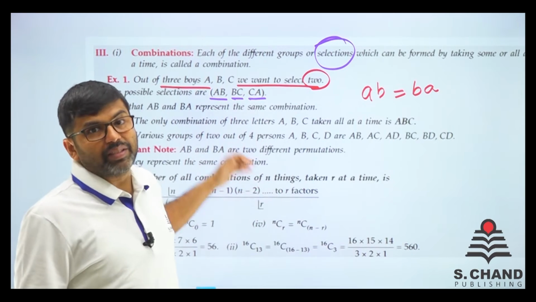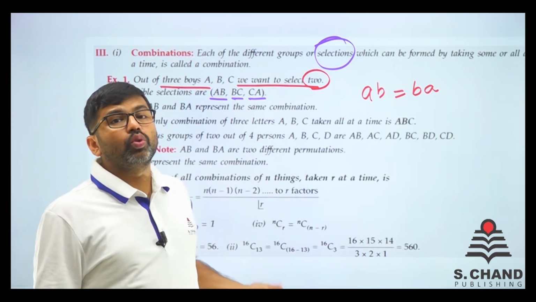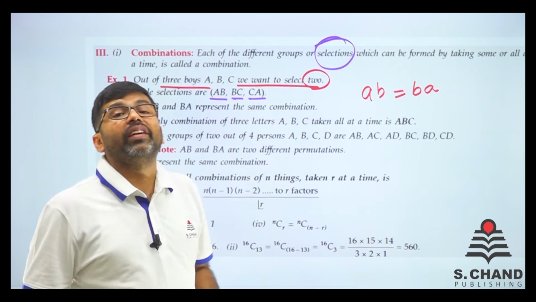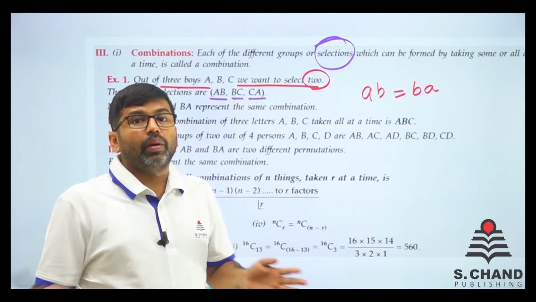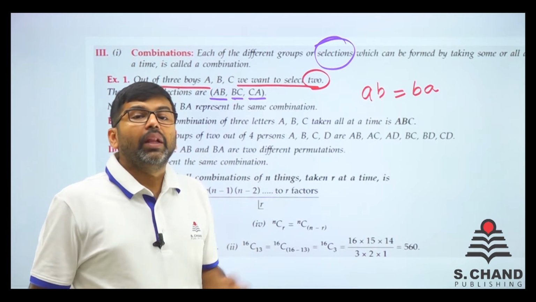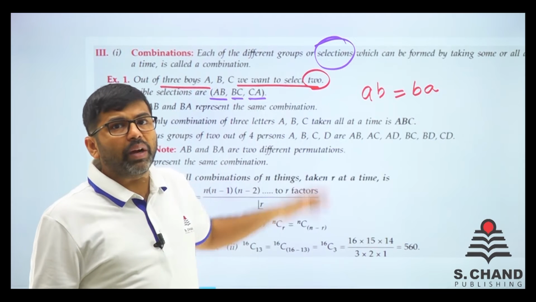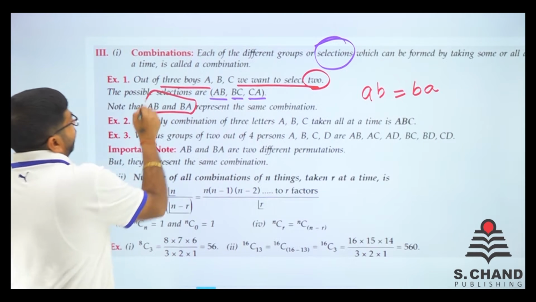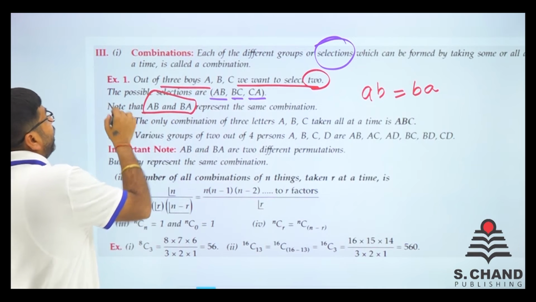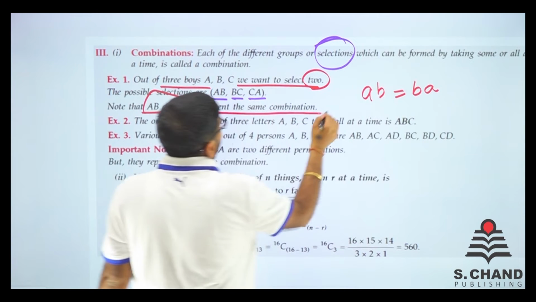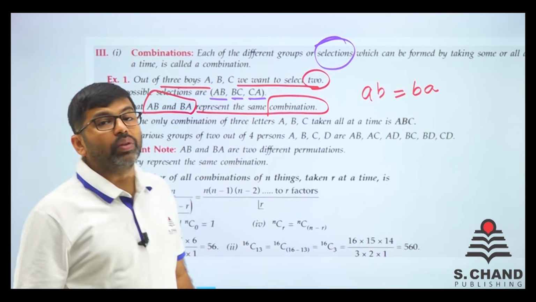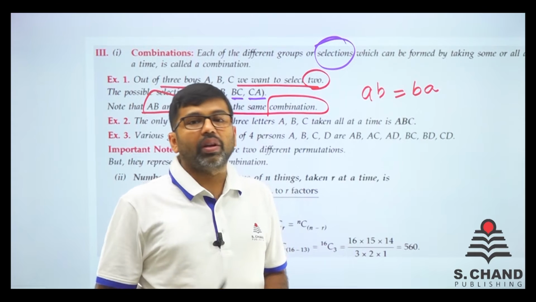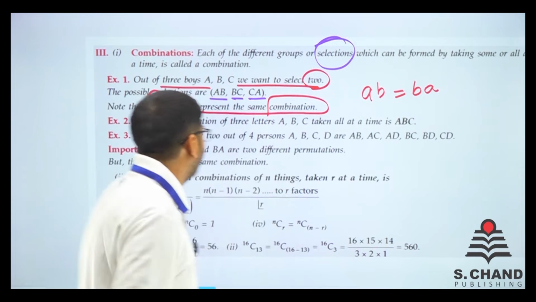So in the previous slide, you saw that AB and BA were different arrangements, but in combination, they are the same, right? It is written here that AB and BA represent the same combination.